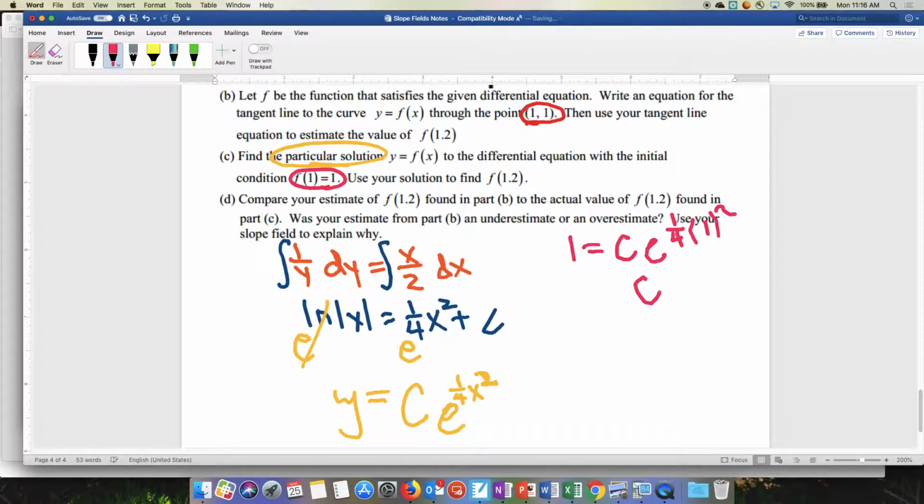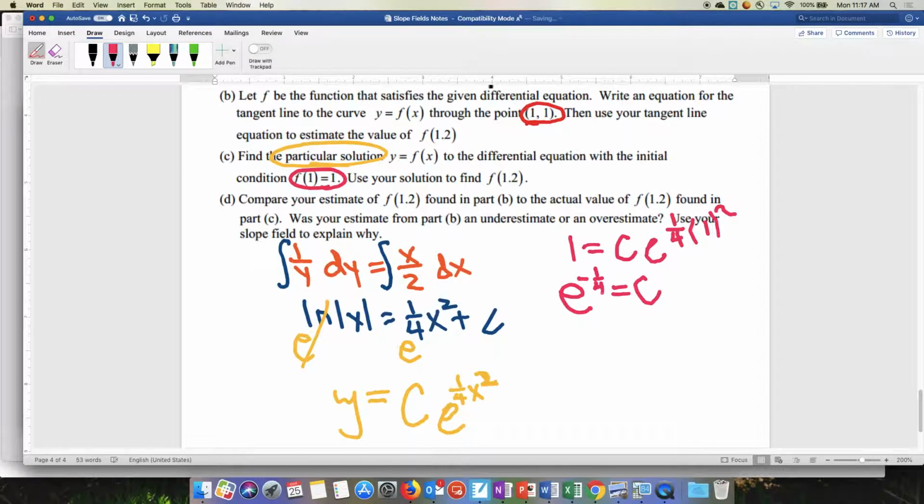So c would equal e to the negative 1/4. Because I have 1 divided by e to the 1/4.